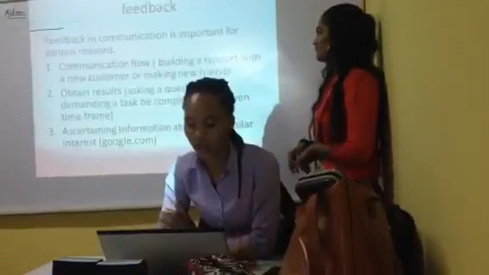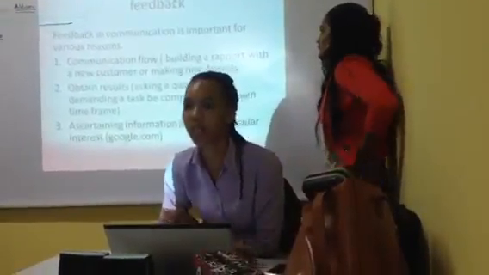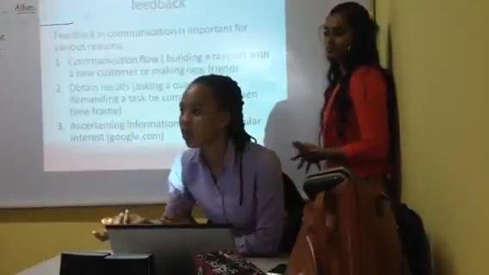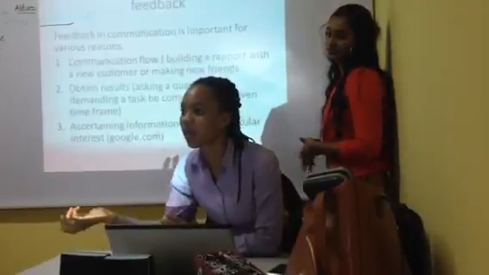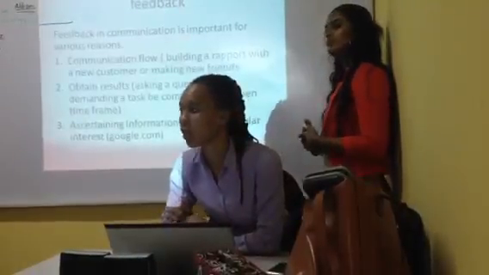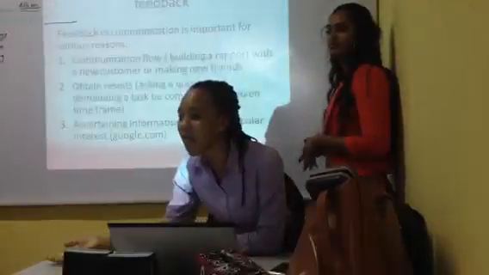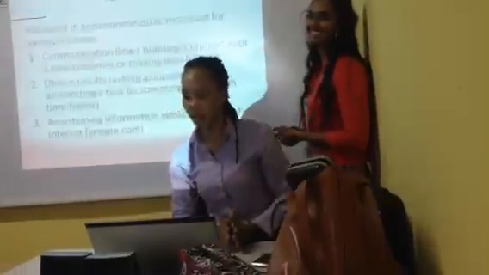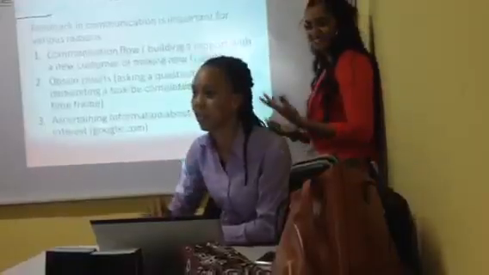To obtain or demand a task means like your manager or supervisor asking one of you all to take the mails over to the head office or so. Ascertaining information means finding information, like if you ask Google how to make a bake, Google will say you need X and Y ingredients to make a bake.